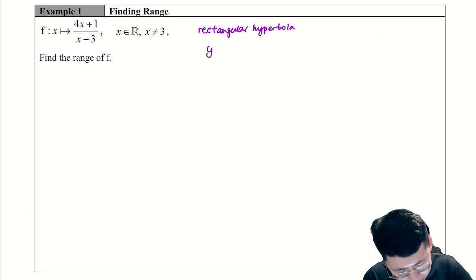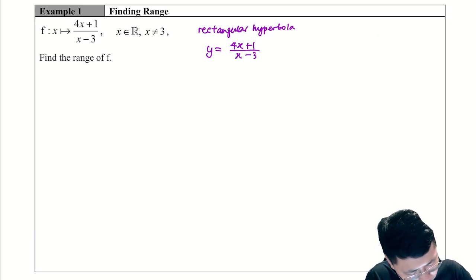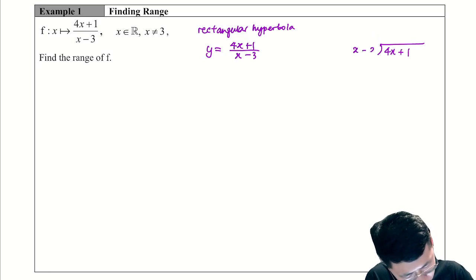We can rewrite the function as (4x+1)/(x-3). To obtain a nicer form which will allow us to sketch the graph, we do long division.